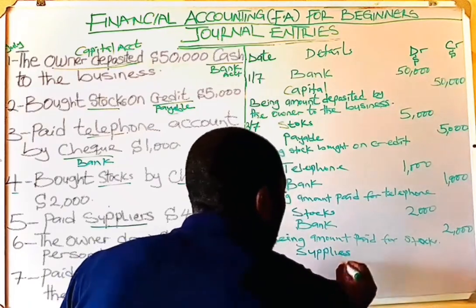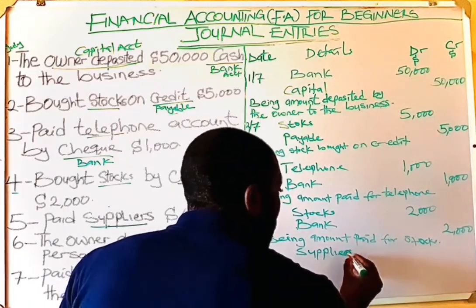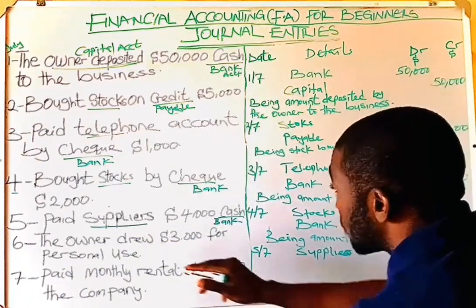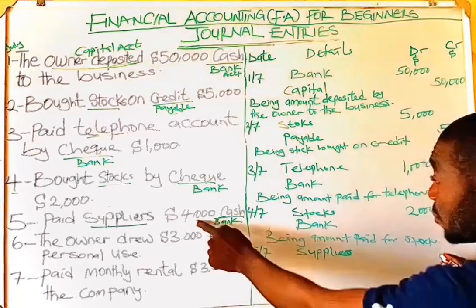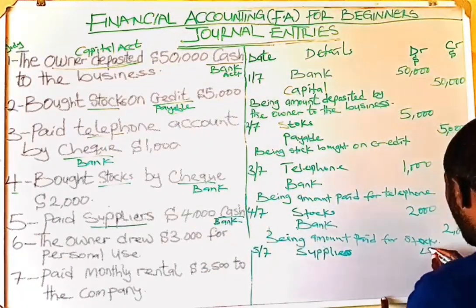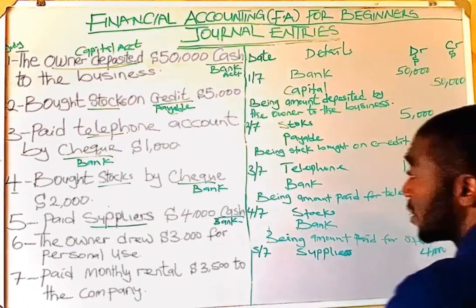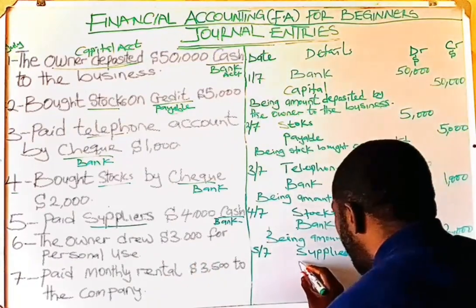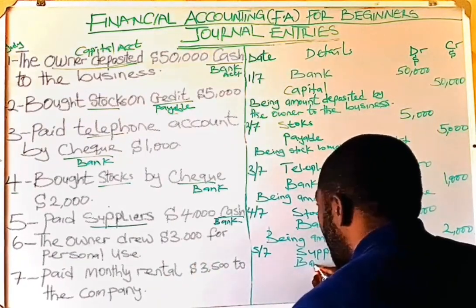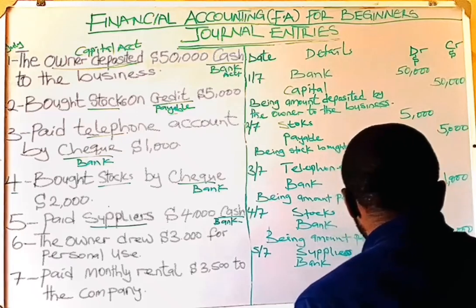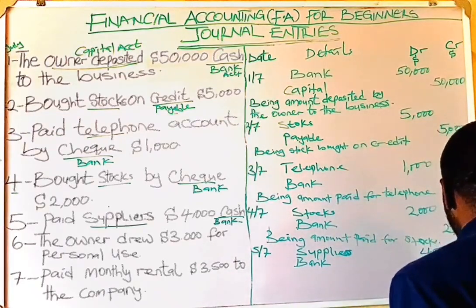Suppliers, 4,000. You put your $4,000 here. And your bank, 4,000. The credit side.